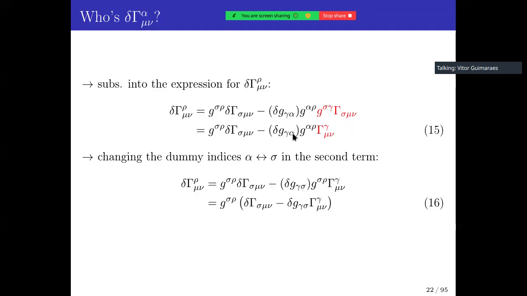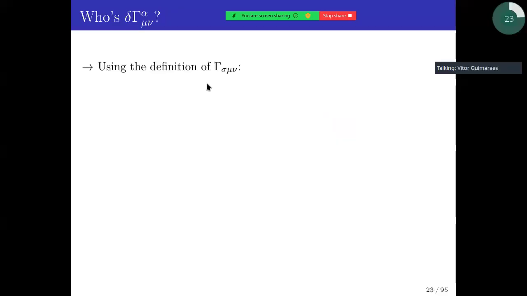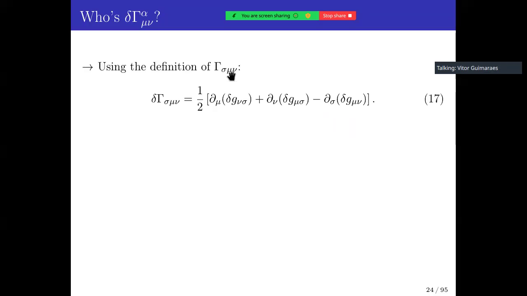So now we changed alpha to sigma, which we can do since they are dummy indices, in such a way that now we can take this element that is in both terms here and put it in evidence here. Now using the definition of our new Christoffel symbol with lower indices, we arrive at this expression here, right?